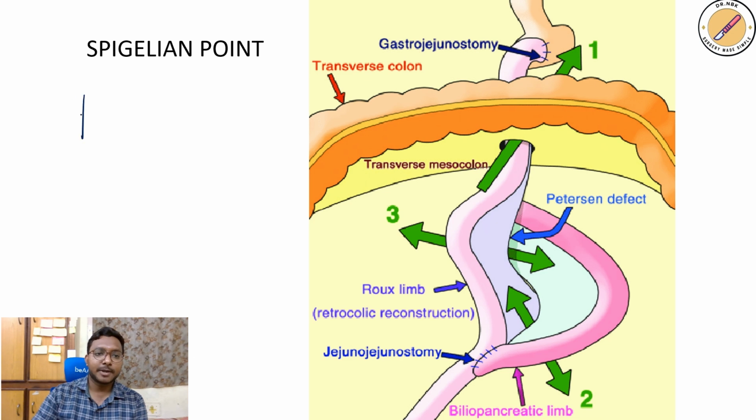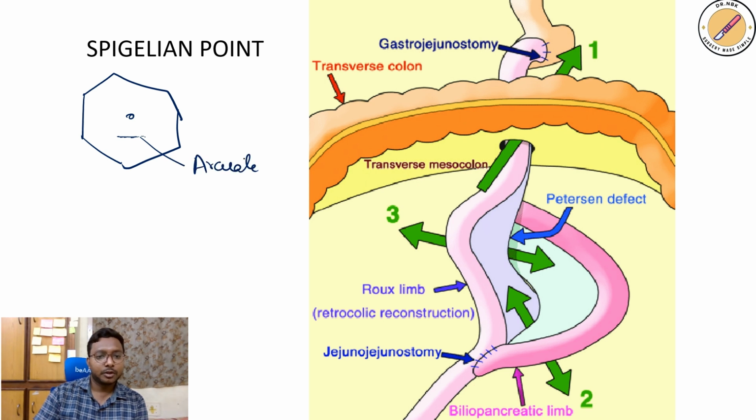First I will explain what is Spigelian hernia. So you know that this is the umbilicus. Between the umbilicus and pubic symphysis you have an imaginary line called the arcuate line, which is also called line of Douglas. So this is your rectus abdominis. This is the midline. The junction of rectus abdominis and arcuate line, this point is called the Spigelian point.